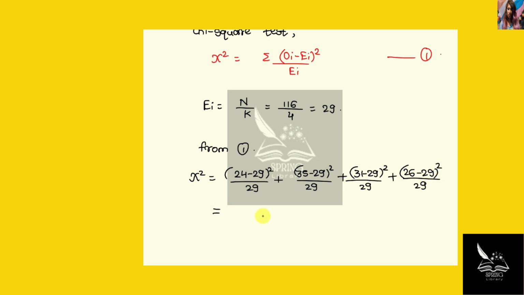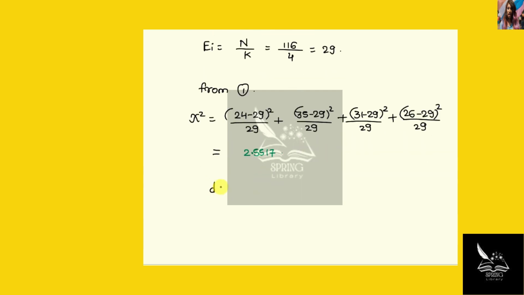After simplification we get the test statistic chi-square equal to 2.5517. The degrees of freedom for the chi-square test is k minus 1, where k is the number of categories, so 4 minus 1 is equal to 3.